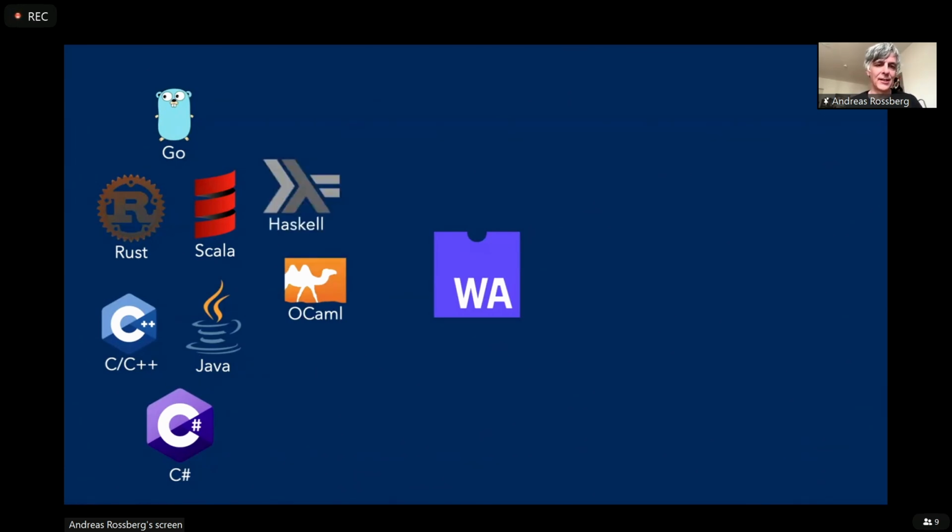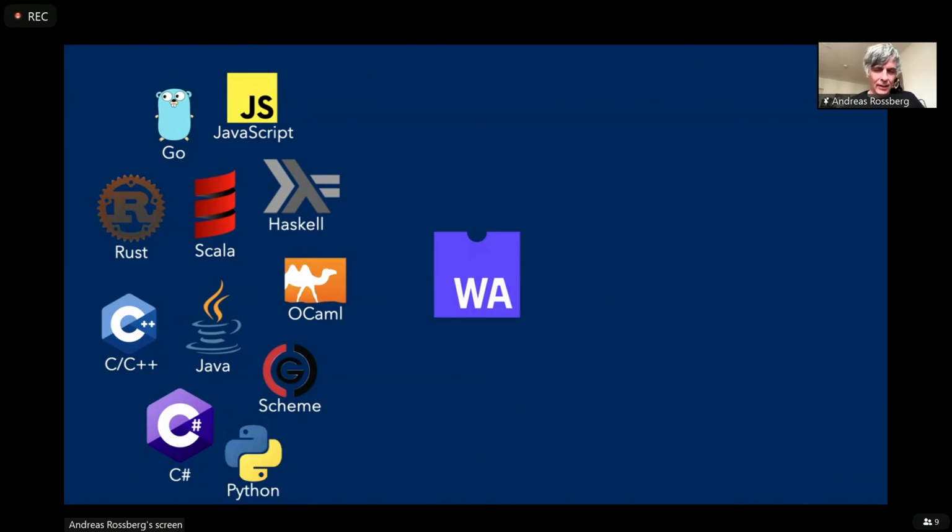More modern ones like Scala, functional languages like OCaml and Haskell, Java as well. And of course, there are also people who can't learn from their mistakes and try to run JavaScript on WebAssembly, or things like Python for that matter. But basically all major languages at this point can target WebAssembly in one way or the other. They are at different stages of maturity in that regard, but you can run them all.